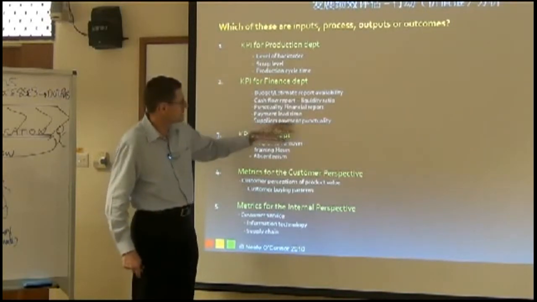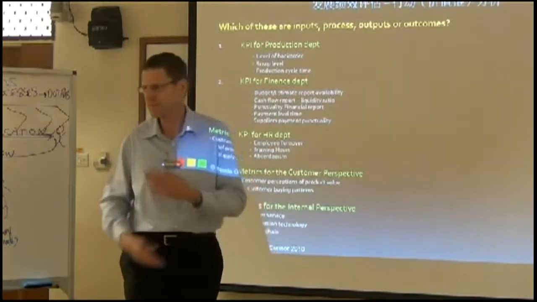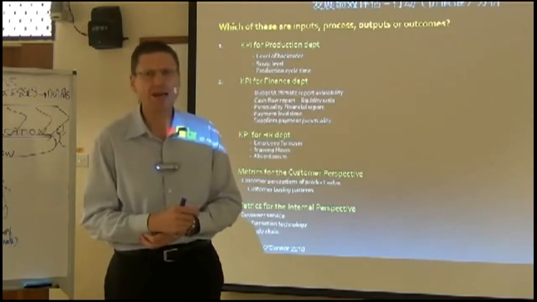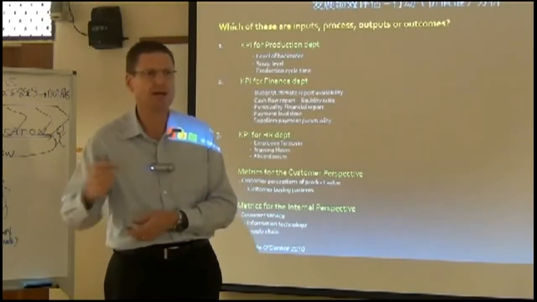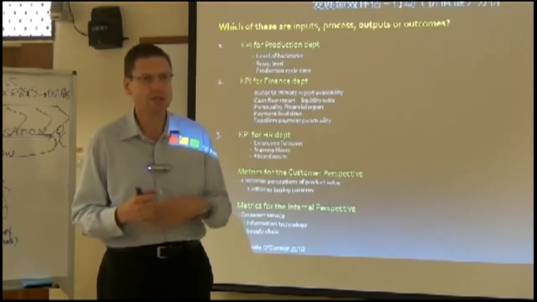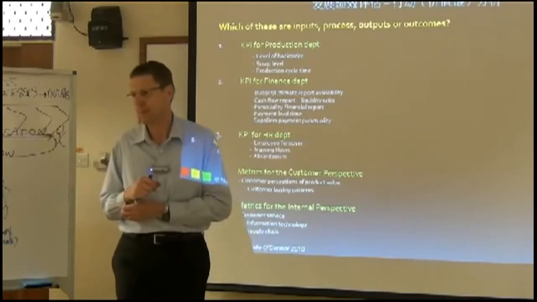All right, suppliers' payment punctuality. What type of measure might you see there? Suppliers' payment punctuality. What is the process that would make some suppliers punctual, and in other firms the process works differently and the suppliers are not so punctual? What would that process be?